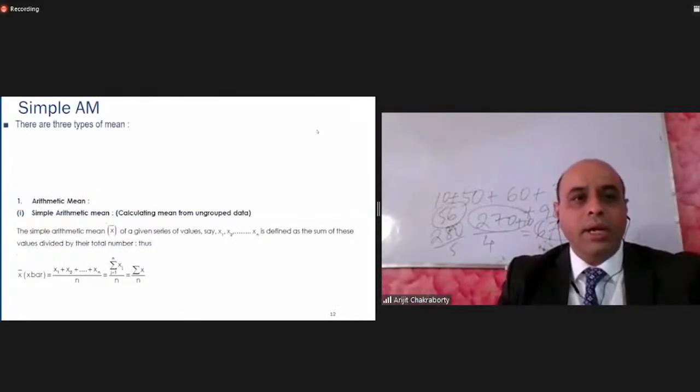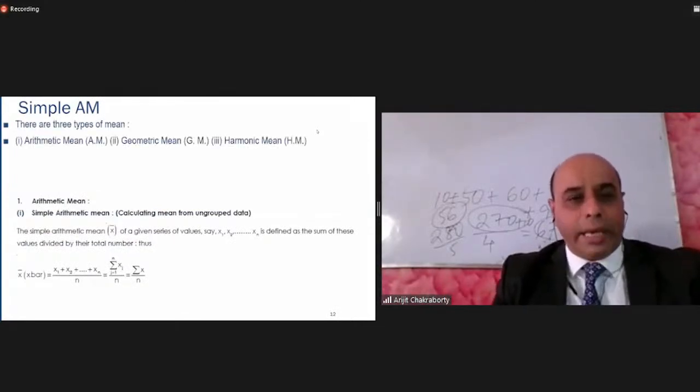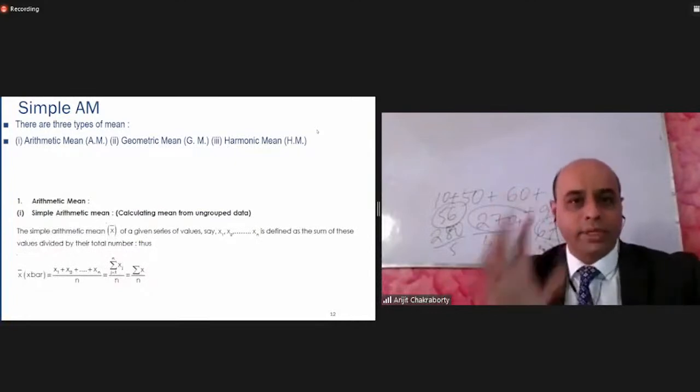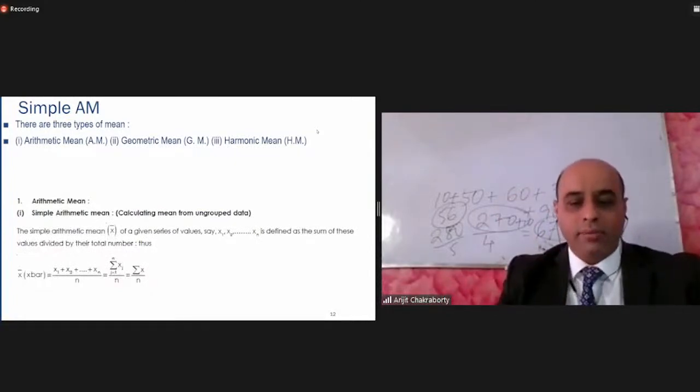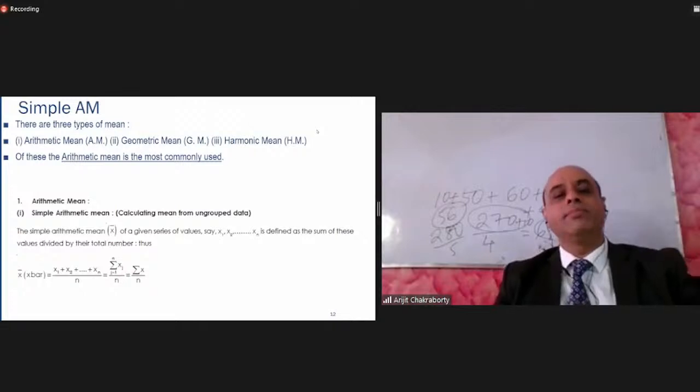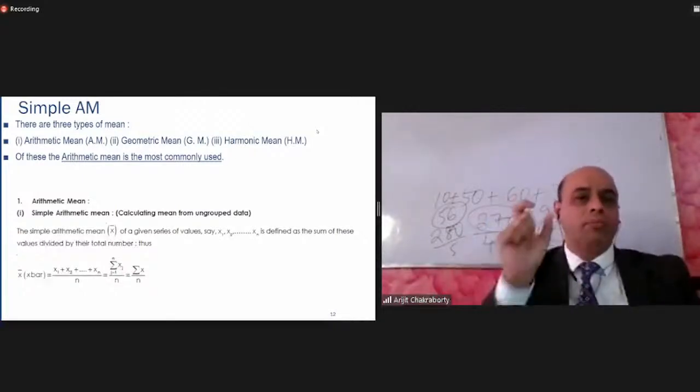So now we look at, there are three types of mean. We have seen AM, GM, and HM: arithmetic mean, geometric mean, and harmonic mean. And arithmetic mean, please note, is the most commonly used.